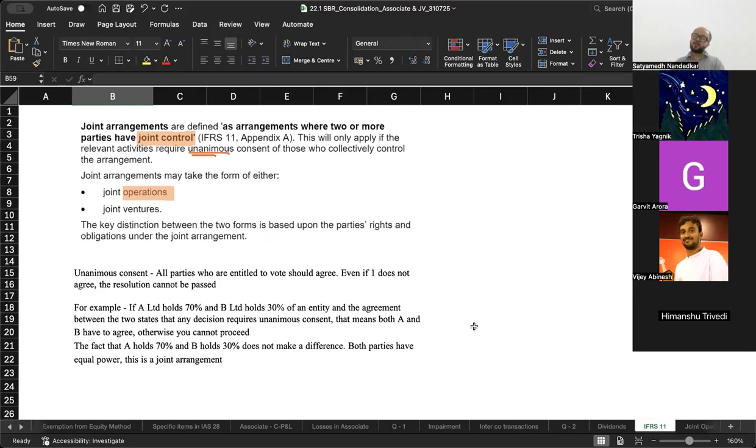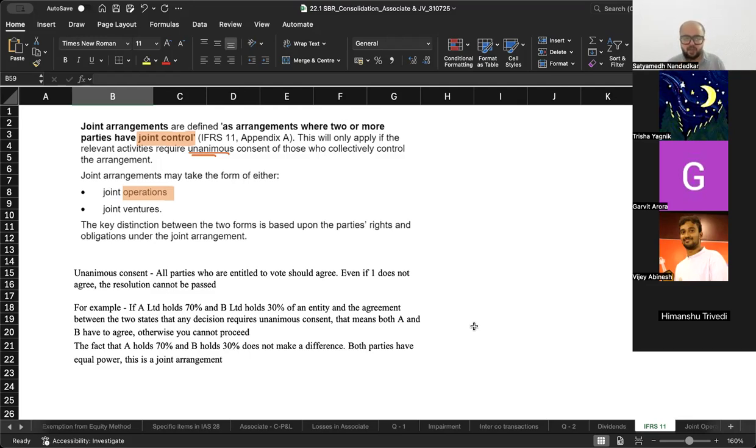Now, along with associates, we also have a discussion of joint arrangements, and joint arrangements could take the form of joint operations or joint venture. Joint arrangements are characterized by one critical aspect, which is joint control. And when do you say that an entity has joint control? When the decision making has to be unanimous. What do I mean by unanimous? All the parties have to vote and all of them have to say the same thing.